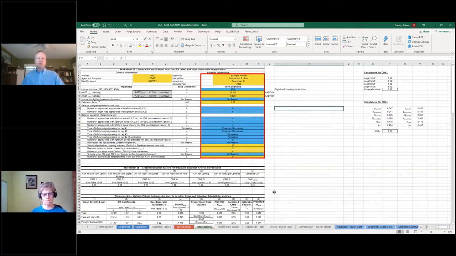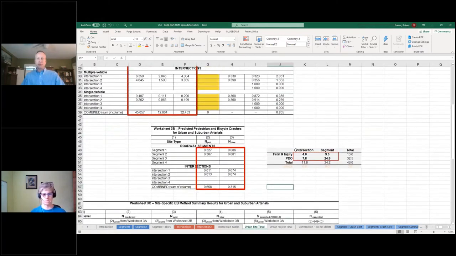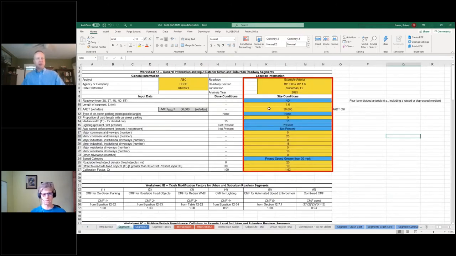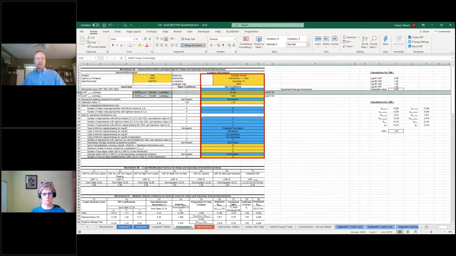We just need to go to the urban site total tab and pull out our new numbers. So we'll go back just to make sure, if you just got it open or something, it's row 11 in the segment tabs that you're going to change to 30,000, both of them. And it's row 10.